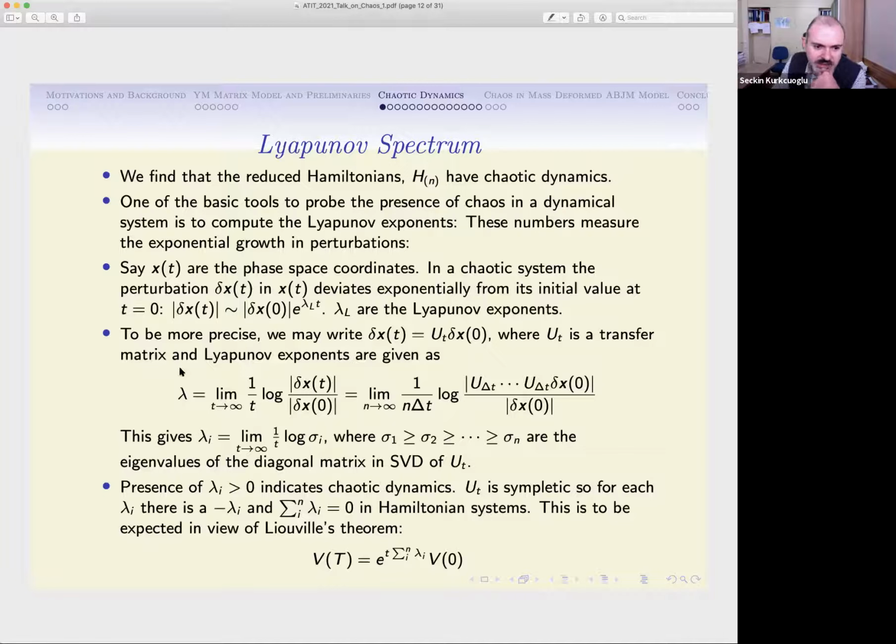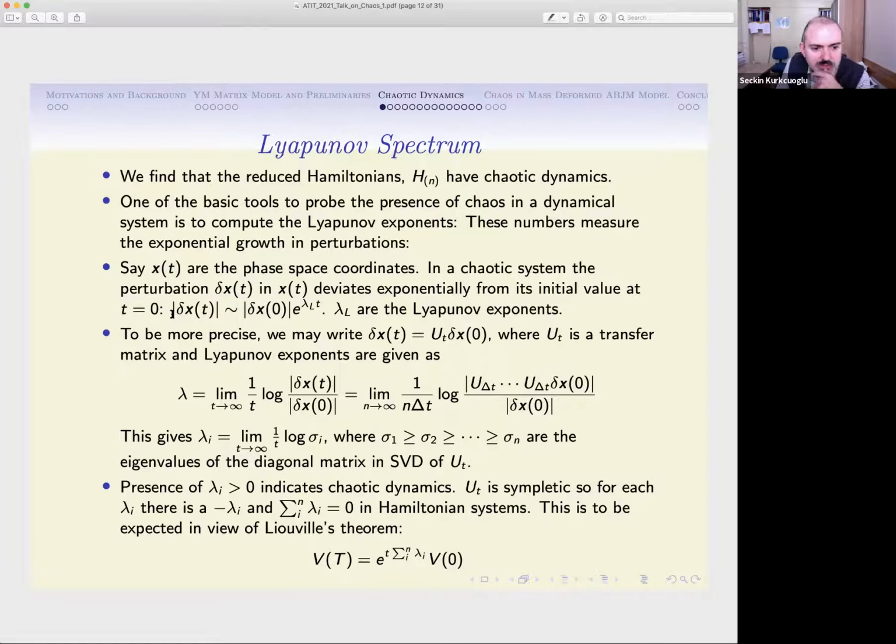If x of t shows the phase space coordinates in a chaotic system, the perturbations from this phase space coordinate will deviate exponentially from the initial value at, say, time t equals t0 or t is 0. In equations, I can write it in this form.